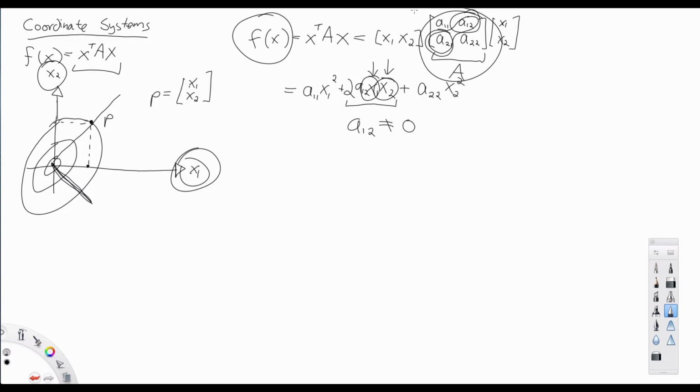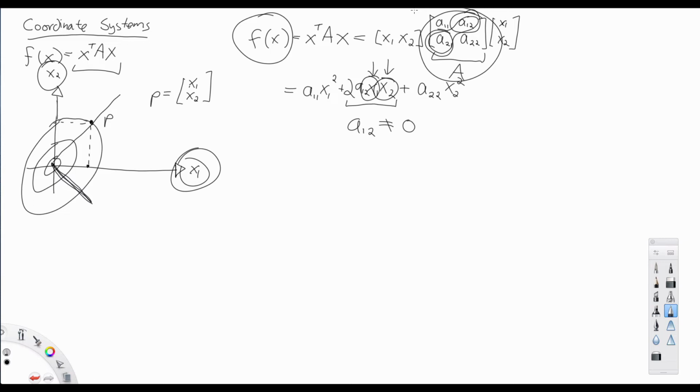Or in other words, the influence of x1 on the function f of x is dependent on x2. Because we don't have independent variables, it's really hard for us to make any general statements about the nature of the function. We'd really like to make some more general statements. If we're trying to derive more general things like optimality conditions to know whether for sure we are at a minimum or a maximum, we need to be able to make some general statements.